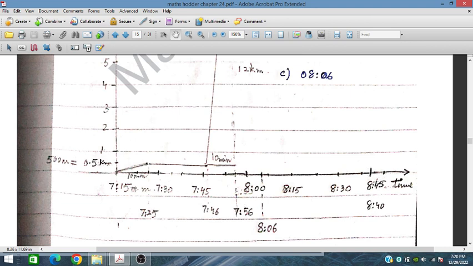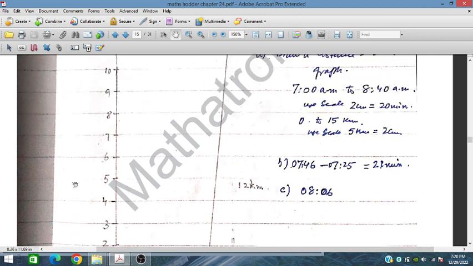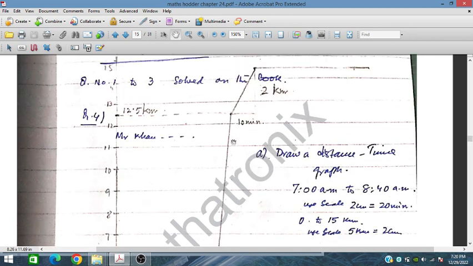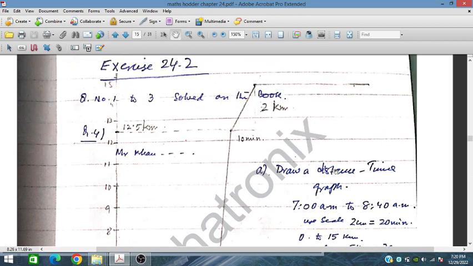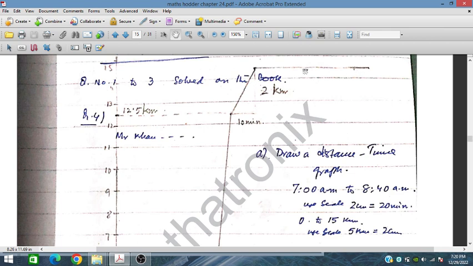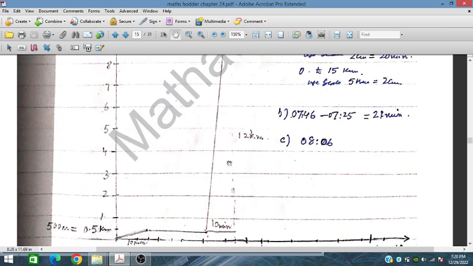The details are all plotted from here to here, and every region declared in the question has been plotted. This is the journey.